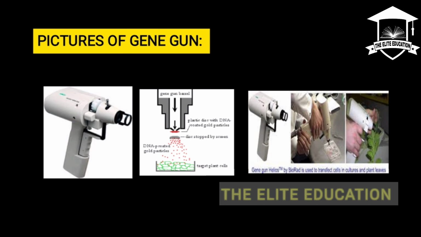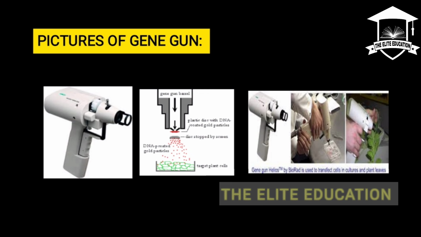This slide is full of pictures of the gene gun. This is a gene gun, and the next is the gene gun barrel. The second picture is actually the tip of the gene gun.